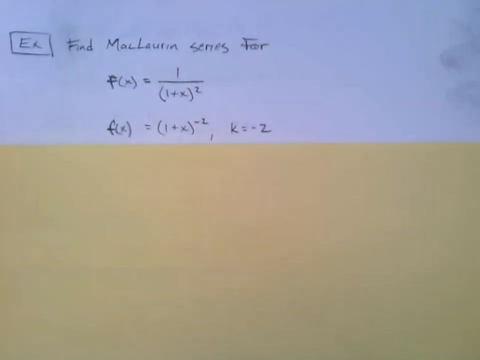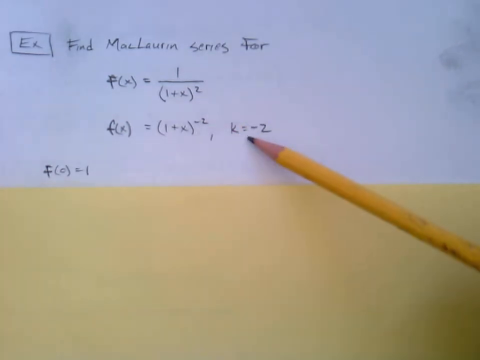So we can identify the value of k. All right. So if we wanted to know the numerators of our coefficients in the power series, we say, hey, that's a binomial series.